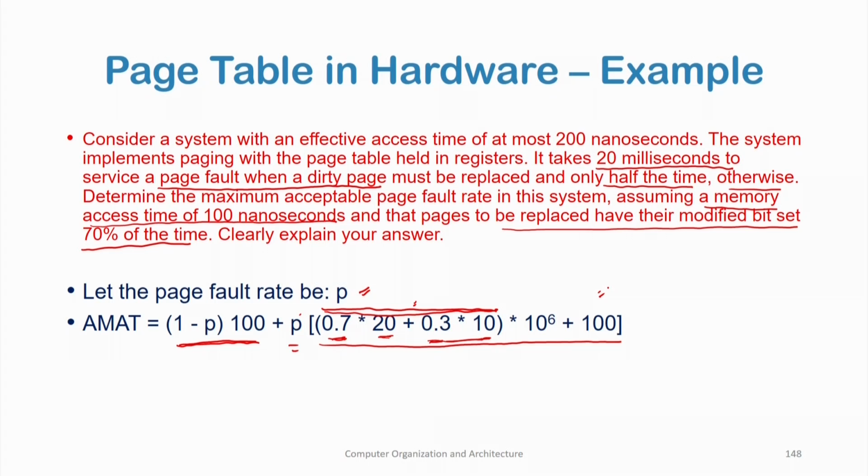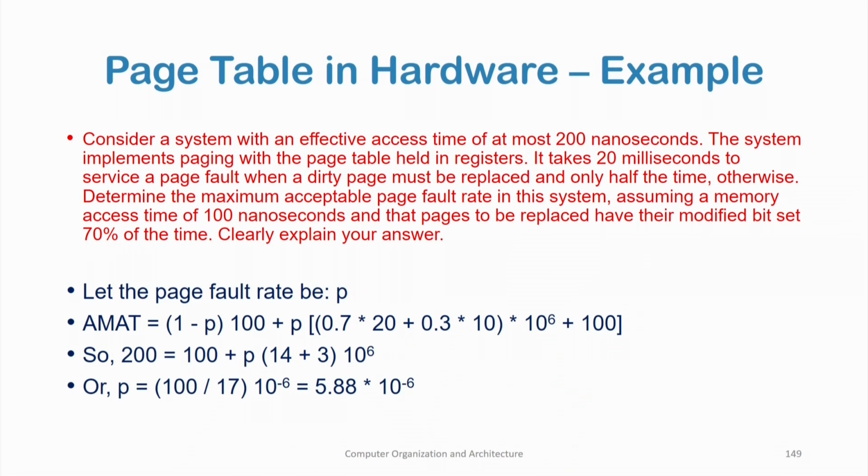So, I have a page fault, I will go to the secondary memory, bring my page, and then access the memory again. This time I will have a page hit, so I will only incur 100 nanoseconds and get my data. Here these are in milliseconds, so I need to multiply this with 10 to the power 6 to convert it to nanoseconds.